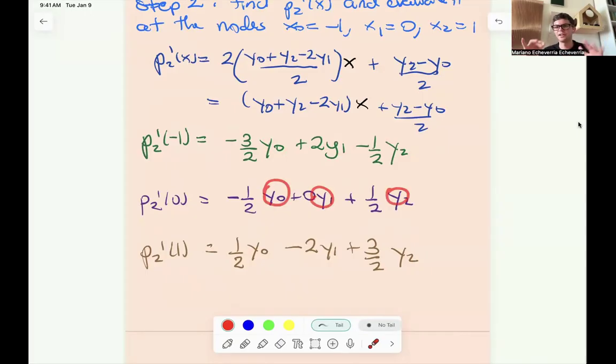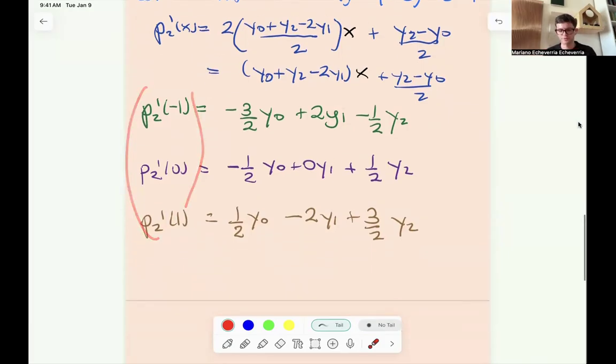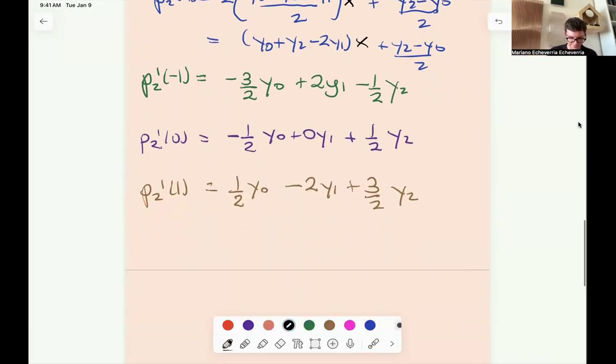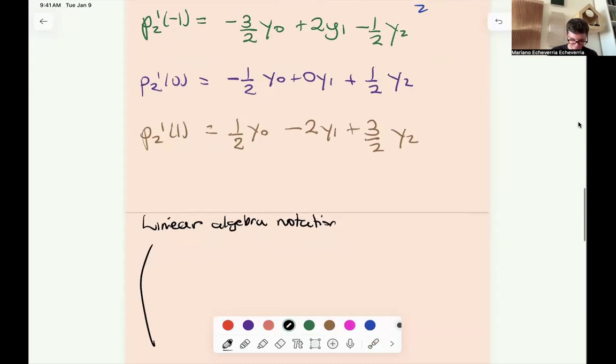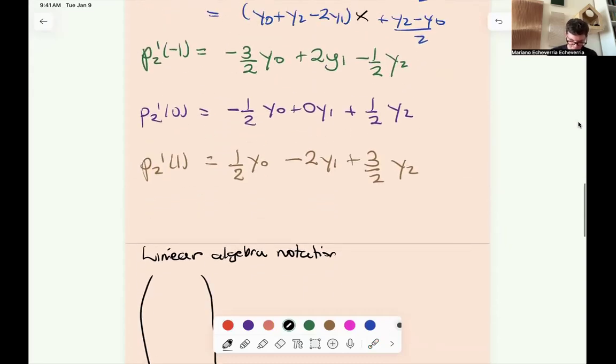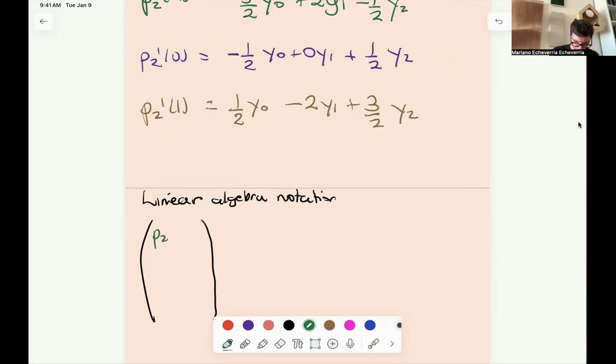But in the linear algebra perspective, you can interpret this as a vector. Okay. So if you switch to linear algebra notation, you can think about it this way. You have a vector which is p2 prime at -1, p2 prime at 0, p2 prime at 1.